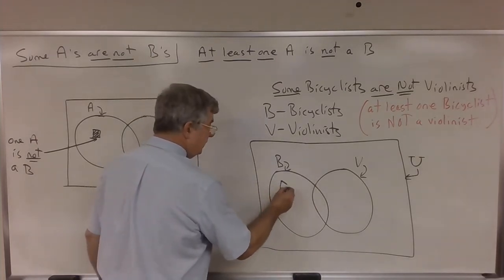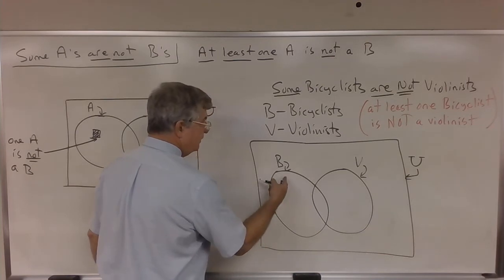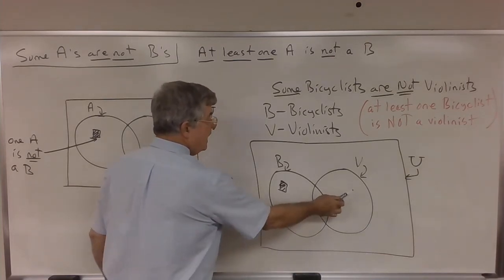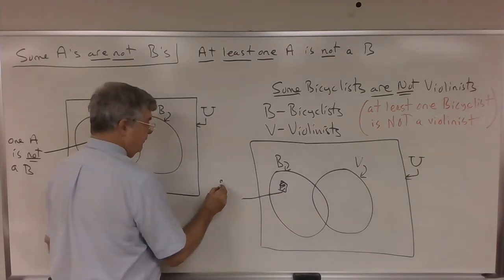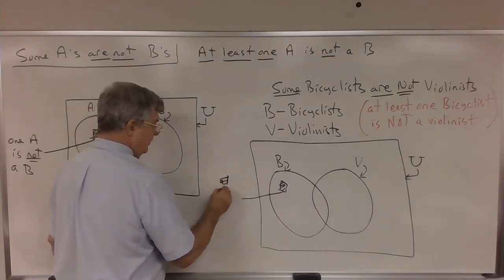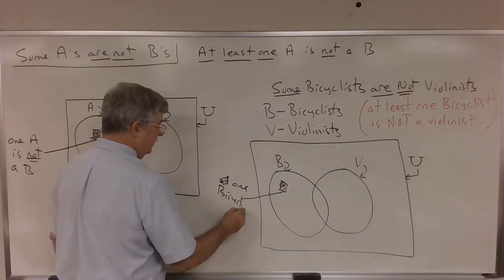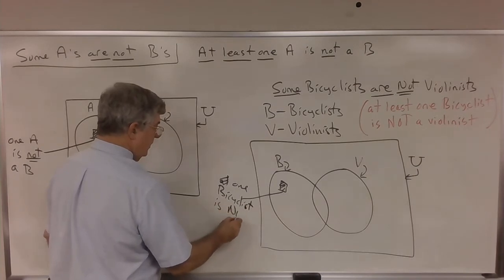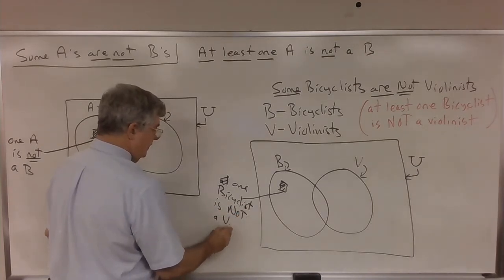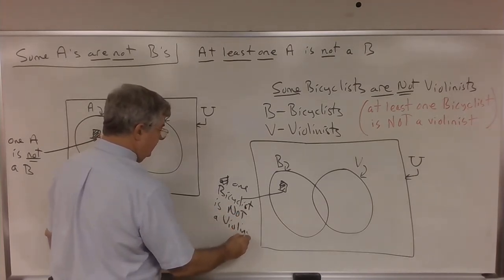So here's a bicyclist. It's in the bicyclist circle, but it's not in the violinist circle, so it's not a violinist. One bicyclist is not a violinist.